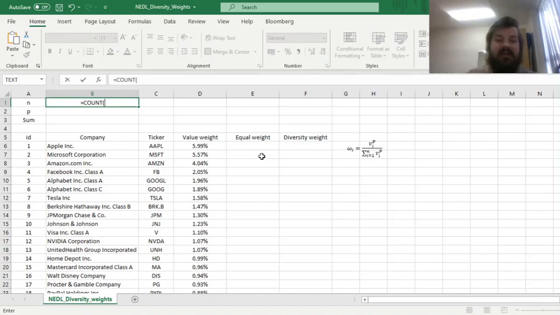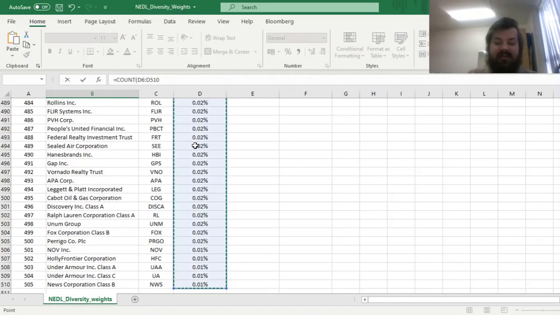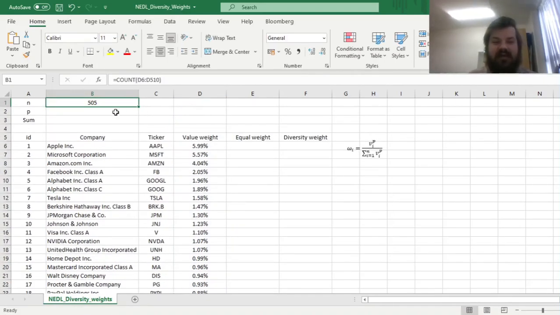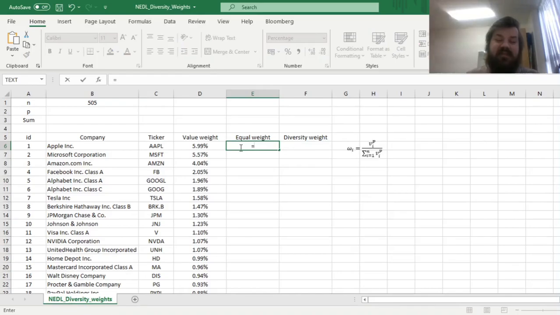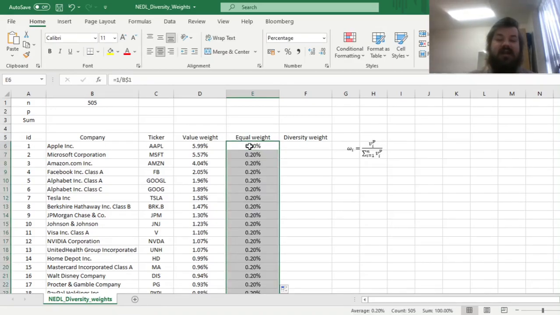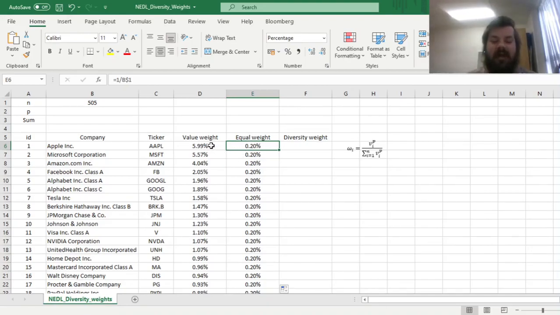So we can just count how many stocks we have got in our S&P 500 constituents list, so 505. And equal weights obviously would just be 1 over the number of stocks. And let's just lock that and enforce it throughout. So in an equal weighted strategy, you will quite naturally allocate a lot less of your capital towards large caps.